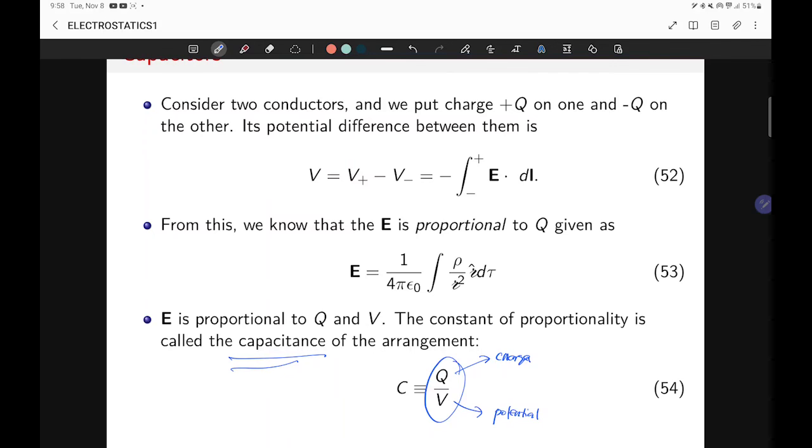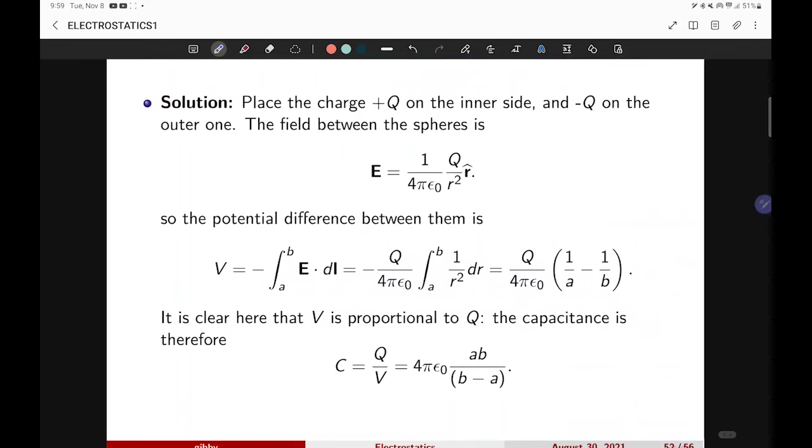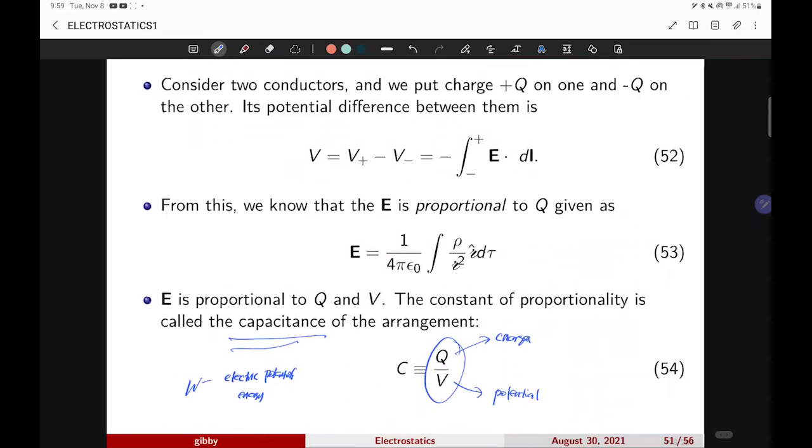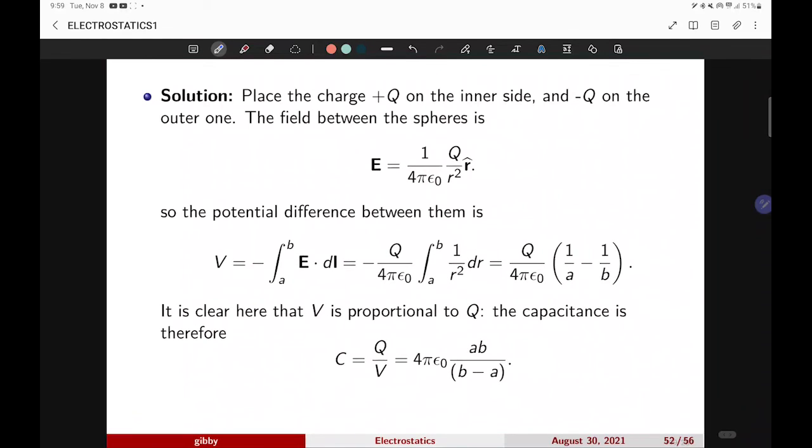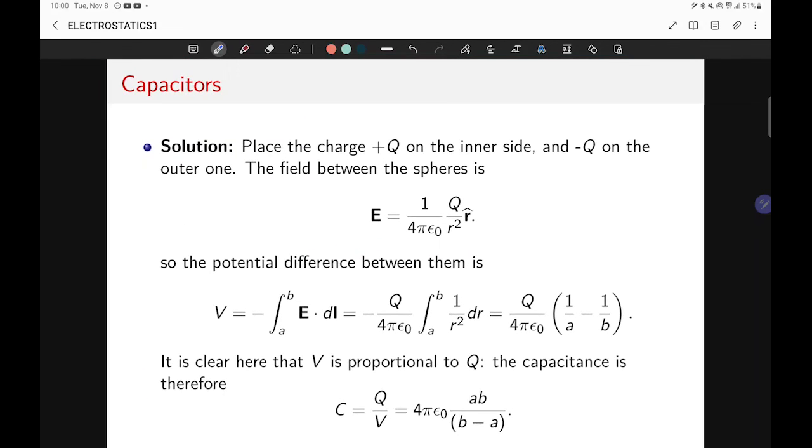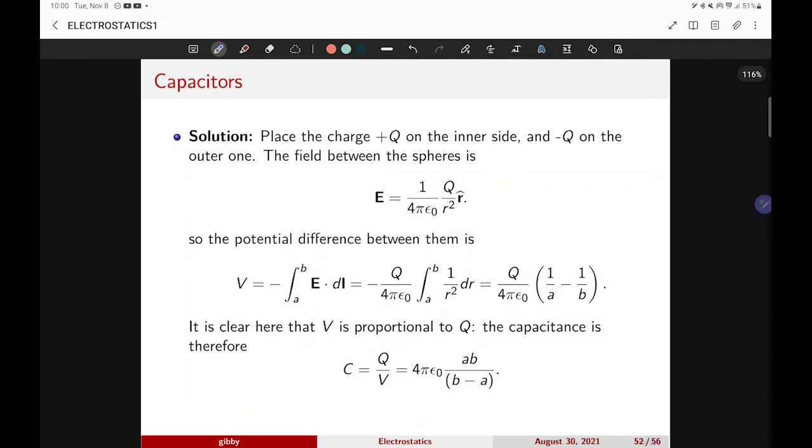Do not be confused with W, which is electric potential energy. Okay, so we have this one.